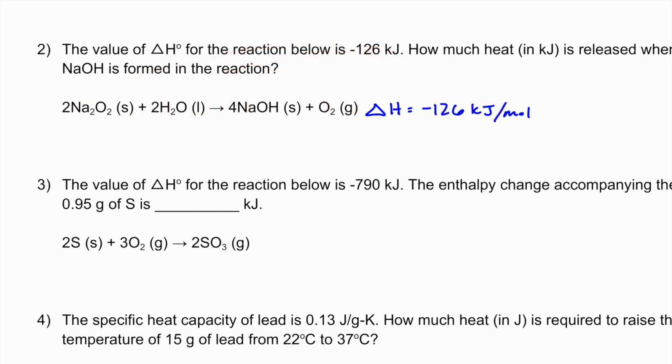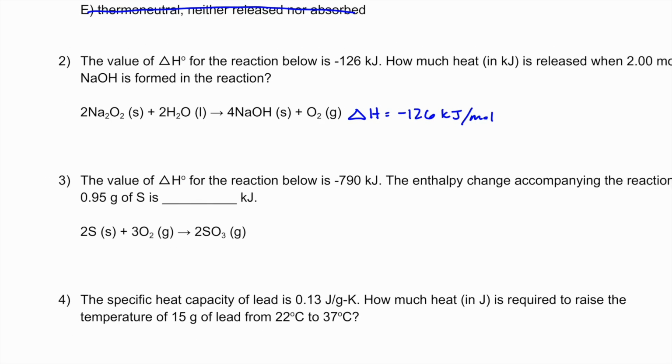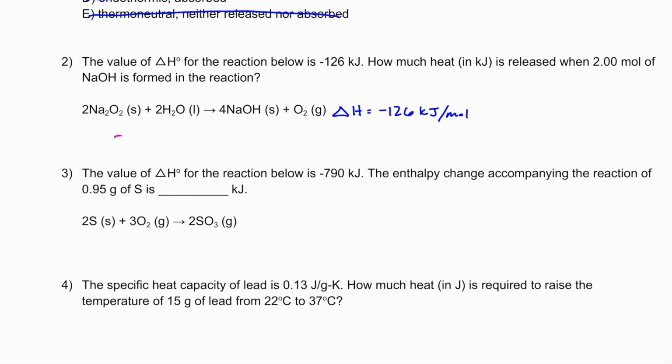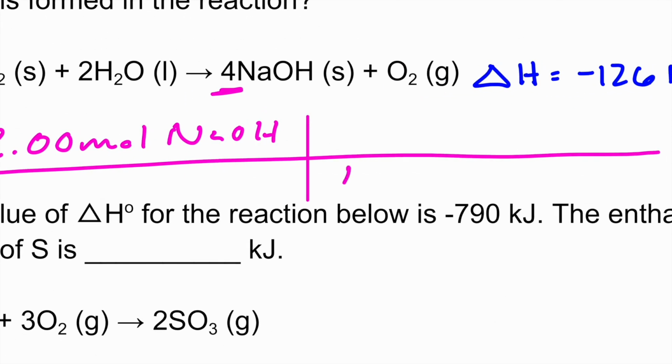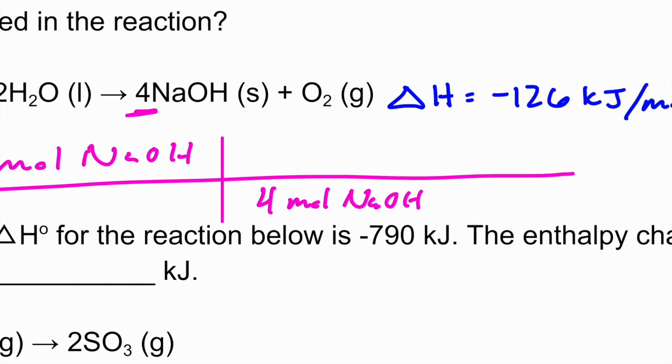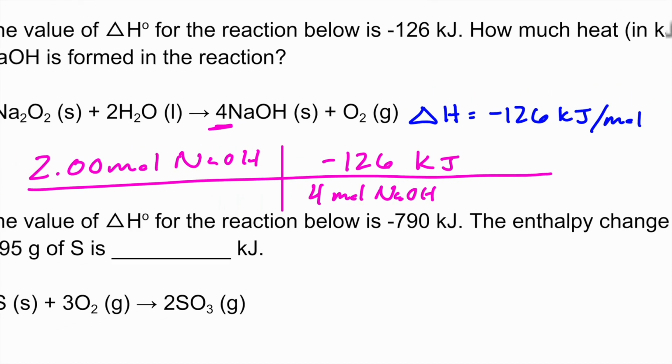So what are they saying? They're saying that I have 2 moles of NaOH. So if I have 2 moles of NaOH, how I can show this work is simply this: for every 4 moles of NaOH in this reaction, I release 126 kilojoules of energy.